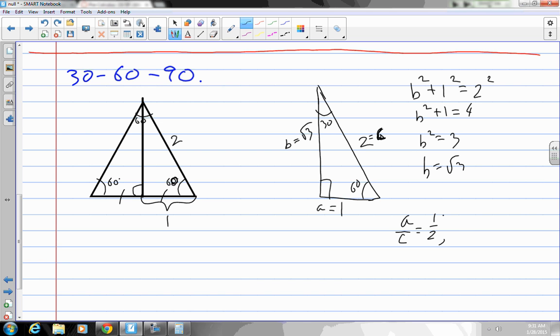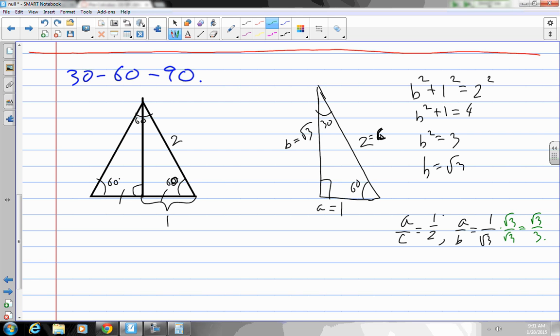I can ask you, what is the A over B ratio? Right? Because you go 1 over the square root of 3, but then you'll have to rationalize that. So you'll multiply this by square root of 3 over square root of 3, which is square root of 3 over 3.